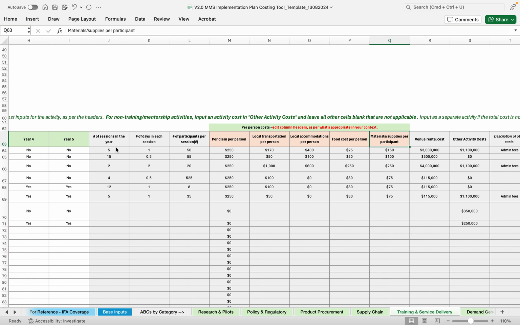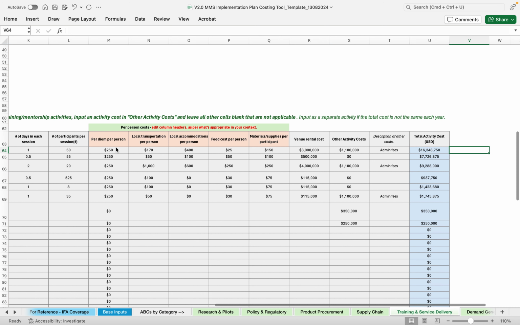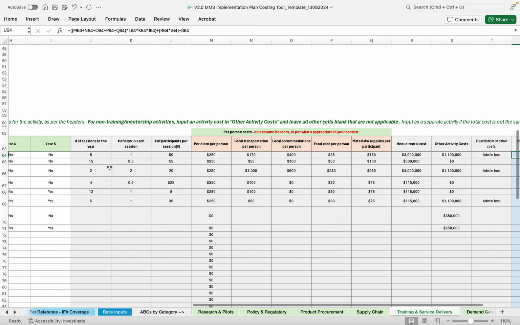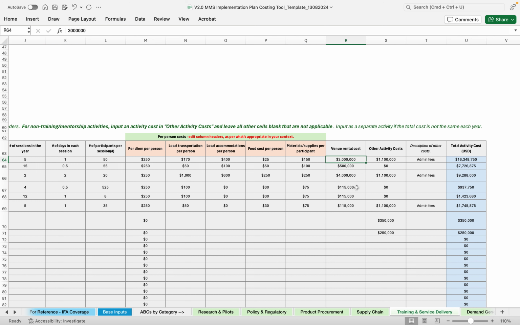Again, these can be edited based on what's appropriate for you. And if one of these columns is not applicable, it can simply be deleted. Venue rental costs, any other activity costs should be entered here, and a description of what those other costs are. And then this will calculate what the total cost is based on the number of people attending, the number of sessions, the number of days, and your per person costs, as well as your fixed costs.